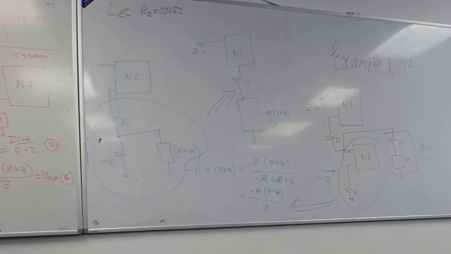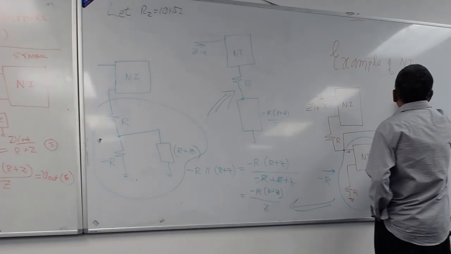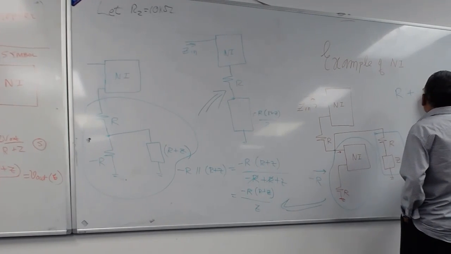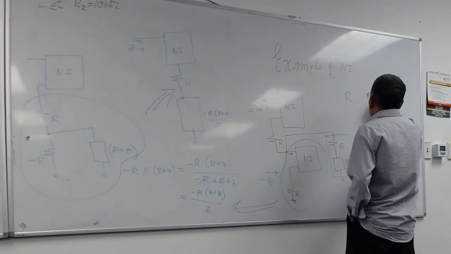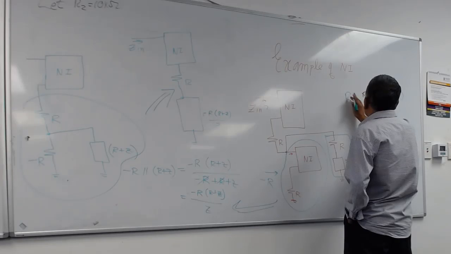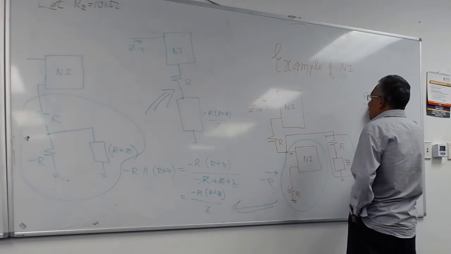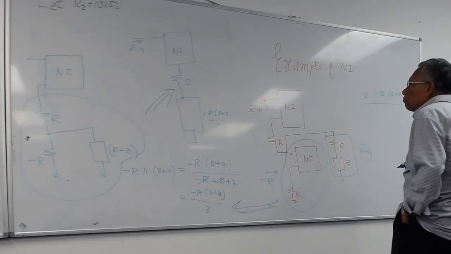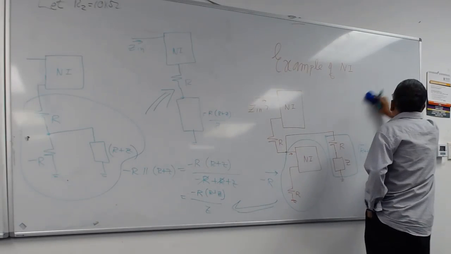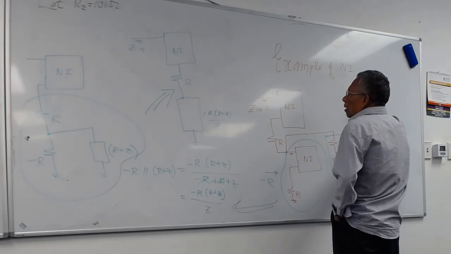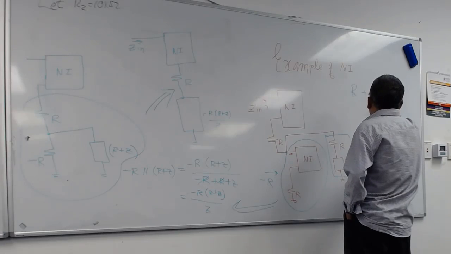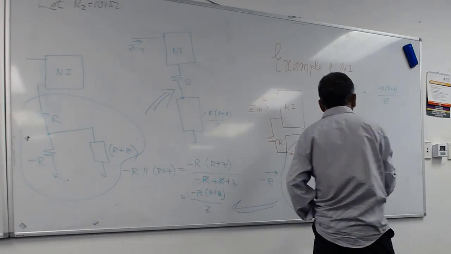So R plus this, how much? So R plus minus R, so plus will become minus here. Minus R into R plus Z, R here, divided by Z. R plus minus R plus Z divided by Z. This is equal to how much?